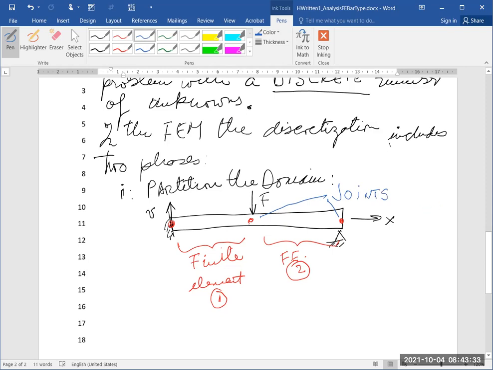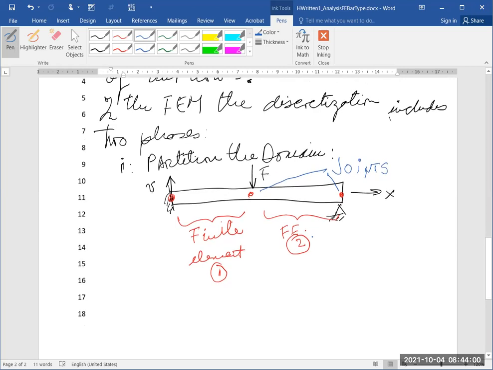In Spanish, this is nodos; in English, it's joints. So in this case, we have 1, 2, 3 joints, and these 3 joints help us to define 2 elements. So we see that the domain is partitioned. I'm explaining this with the simplest case of a 1D problem. So that's the first step.